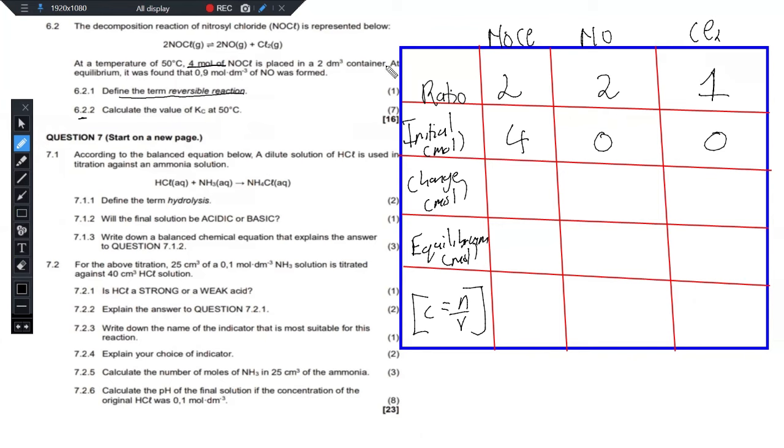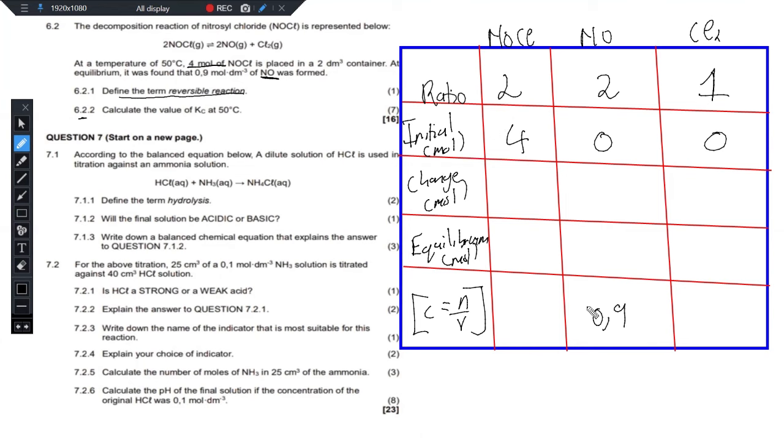Then they say at equilibrium, it was found that 0.9 mole per dm cube of NO was formed. So the NO is this one here, 0.9. So 0.9 mole per dm cube was formed. Okay, nice.